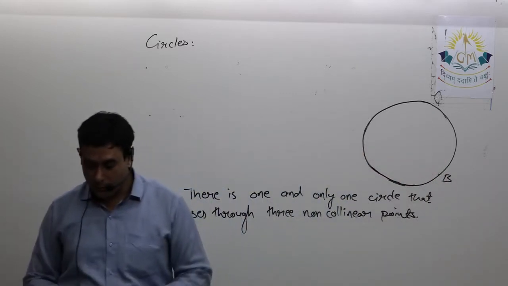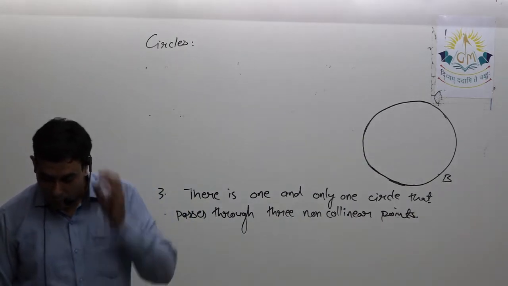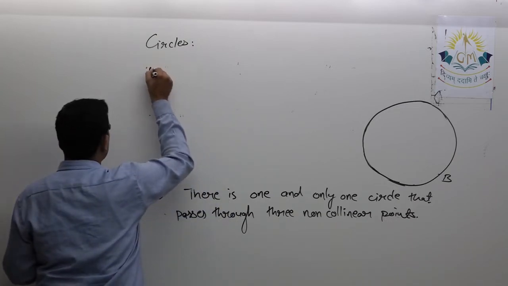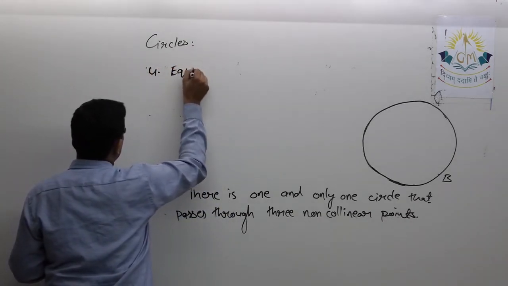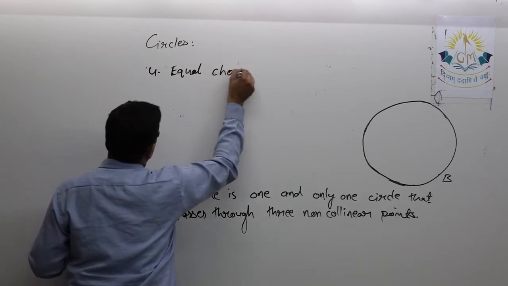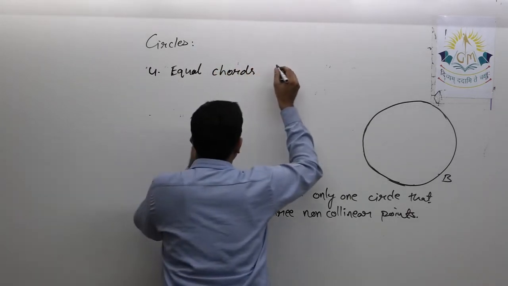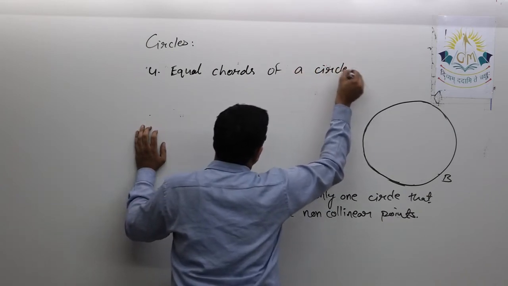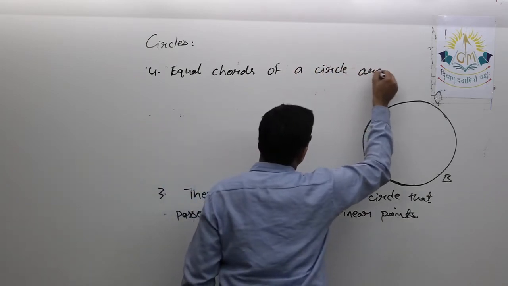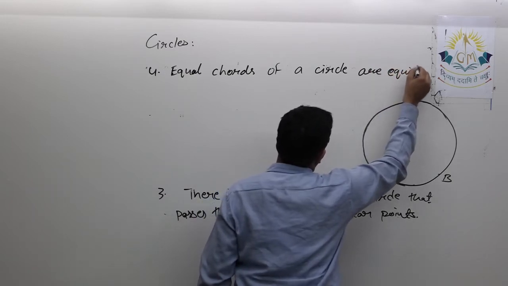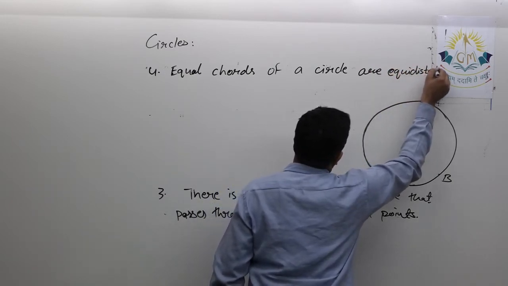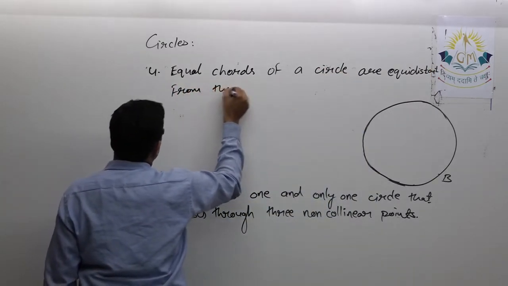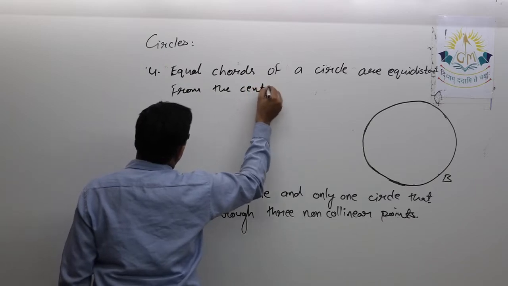Okay, next theorem is, equal chords of a circle are equidistant from the center of the circle.